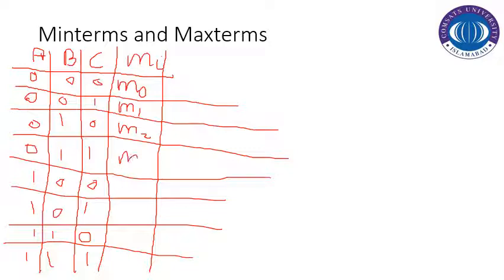This is m3. This is m4. This is m5. This is m6, and the last one is m7.